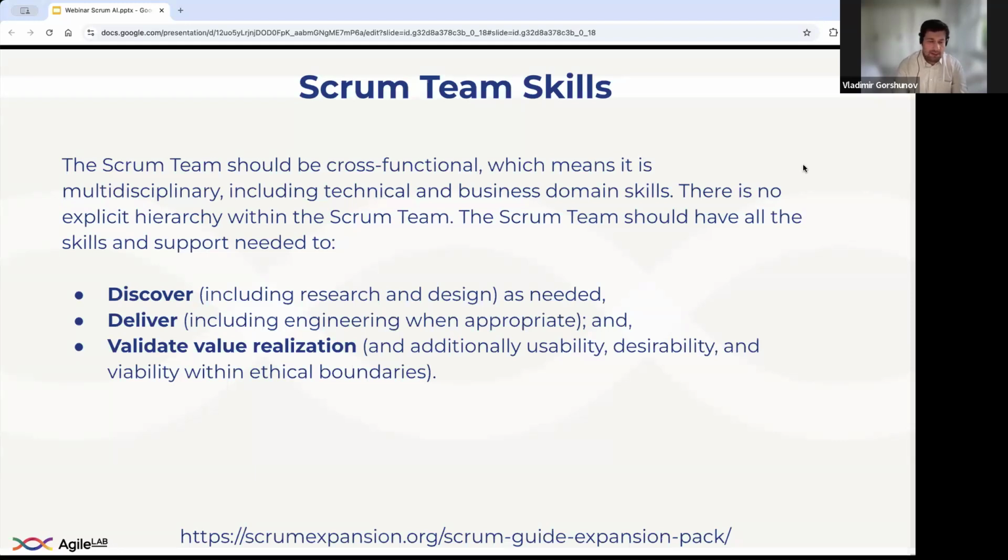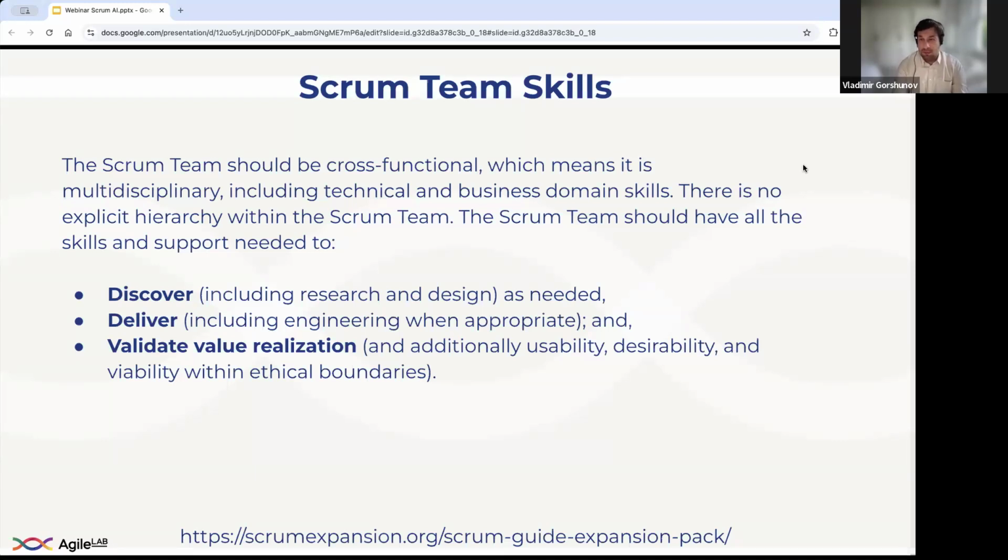All of this is available when you go through product ownership courses, when you look into Scrum patterns and product Scrum patterns, for example. But here it states that in addition to the delivery cycle, we have a discovery cycle, and also we need to be sure we have the possibility to get feedback and validate value realization.